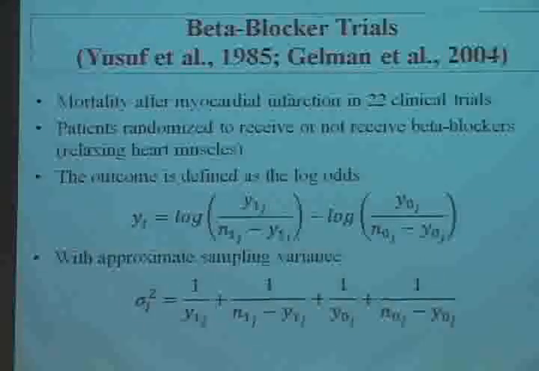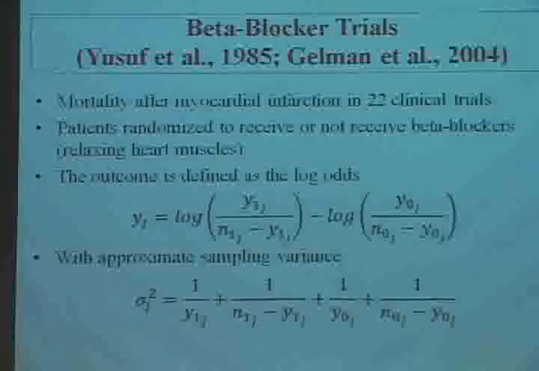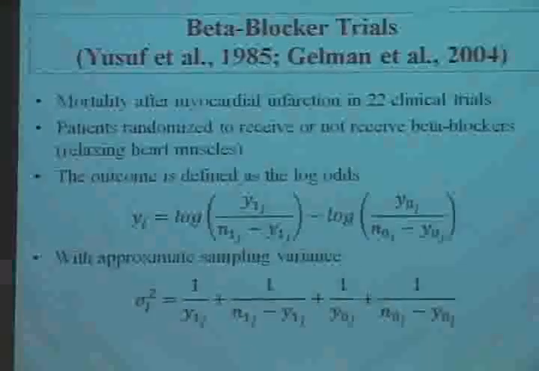And he has randomized patients to getting a beta blocker and not getting a beta blocker. And he looks at dead or alive. So it's a dichotomous independent variable and a dichotomous dependent variable. And to measure the relationship between those two, we use a log odds.